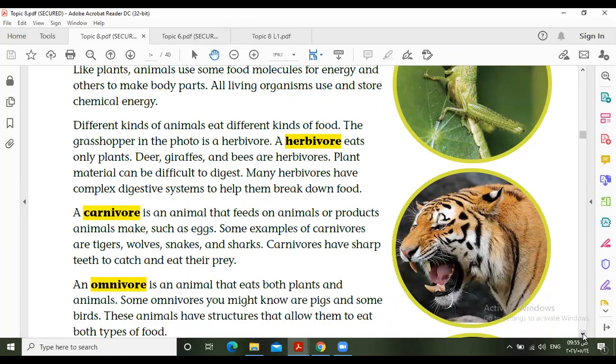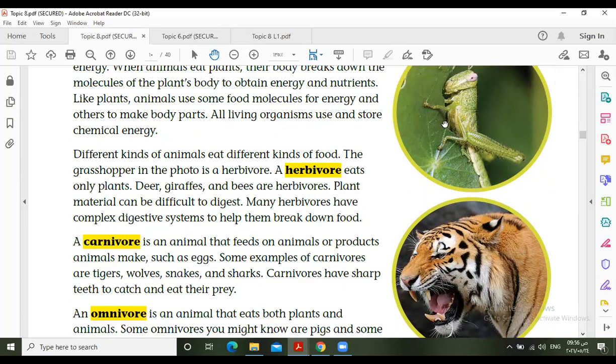The first types of animals: herbivore, carnivore, omnivore. This insect, the grasshopper, as you see, eats the leaves of plants. This is called a herbivore. A herbivore eats only plants.